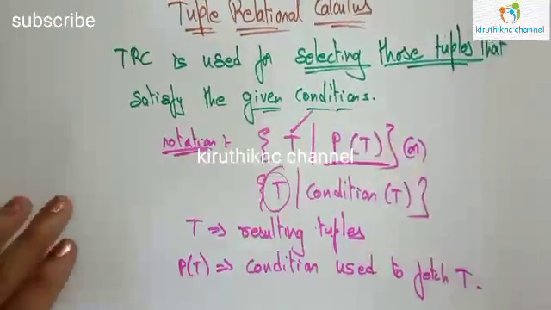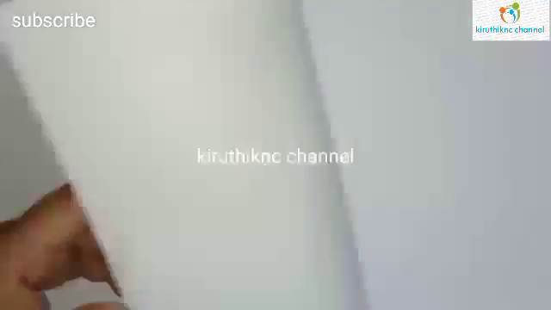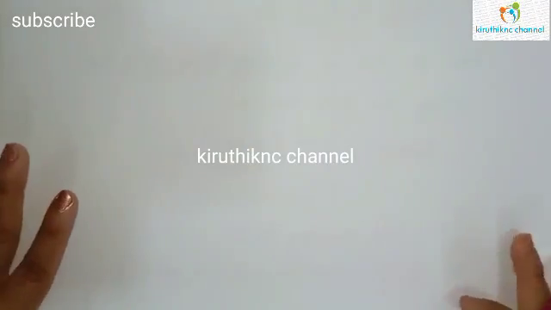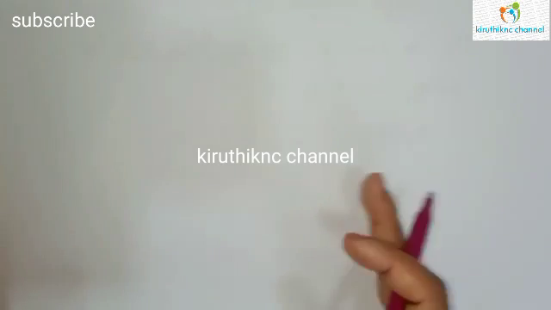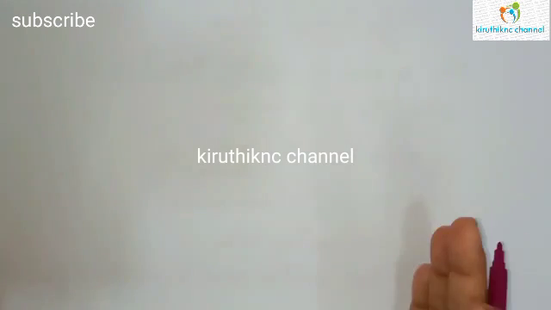Let me explain with an example, but before that, I want to give some more information regarding the tuple relational calculus. Here P(T), whatever condition we are taking, is a predicate. It may have various conditions.